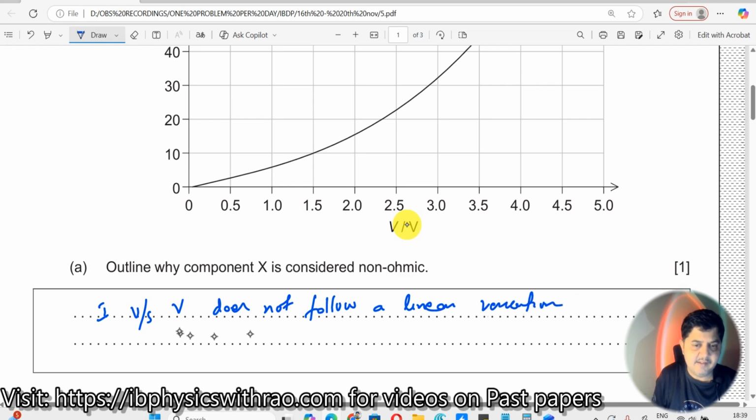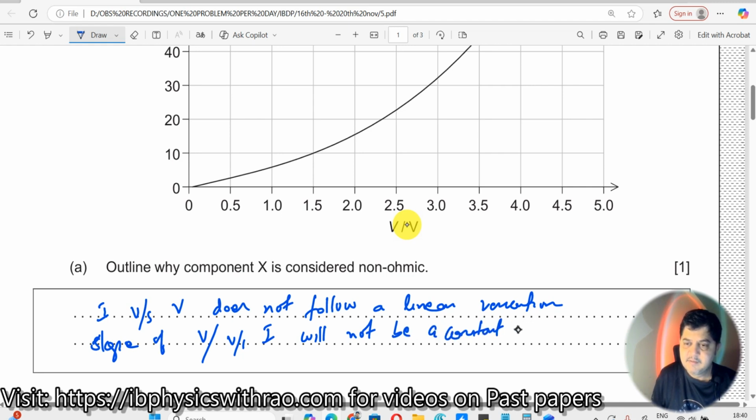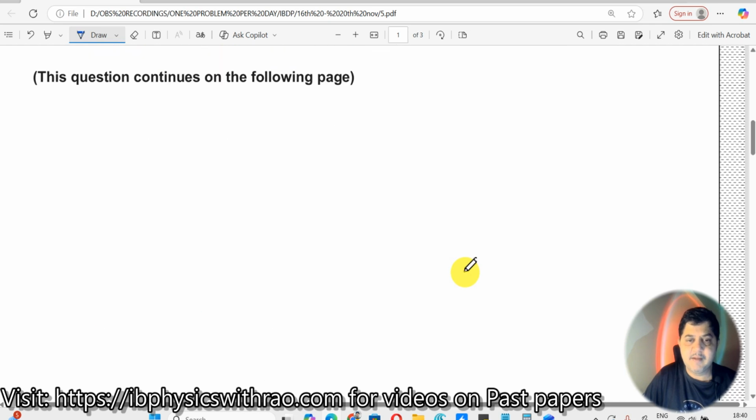You can write like this, or you can also write that the slope of V versus I will not be a constant. It implies R is not fixed. Whenever resistance is varying, then the IV characteristic graph is definitely not going to be a linear one. So now let me move on to the next.